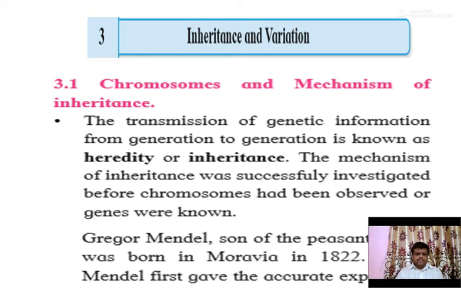In the beginning of the 20th century, his work was rediscovered by three different scientists. The first one was Hugo de Vries from Holland, the second one is Carl Correns from Germany, and the third one is Tschermak from Austria.